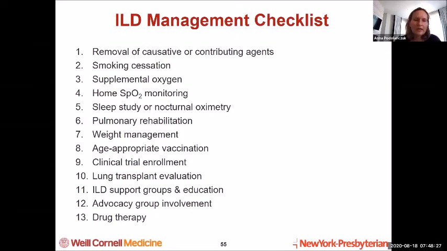Weight management and age-appropriate vaccination, so pneumonia vaccines and flu vaccines, are so important to try and decrease any associated mortality. If clinical trials are available, if lung transplants are available, there are also online support groups and advocacy groups.